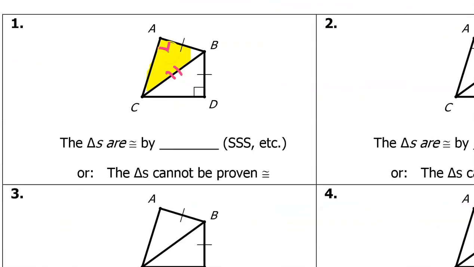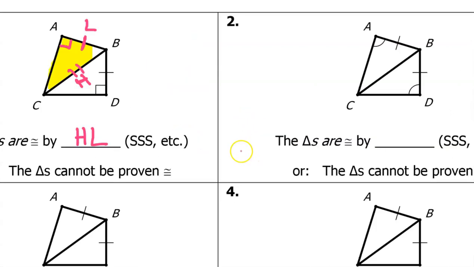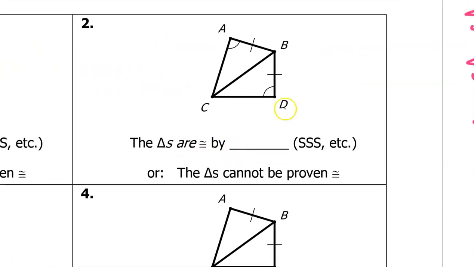The hypotenuse is always right across from the 90-degree angle, so this shared side is the hypotenuse. Any other side of the triangle is a leg, so this side over here is a leg. So we have a hypotenuse and a leg marked congruent. So these triangles will be congruent by hypotenuse leg.